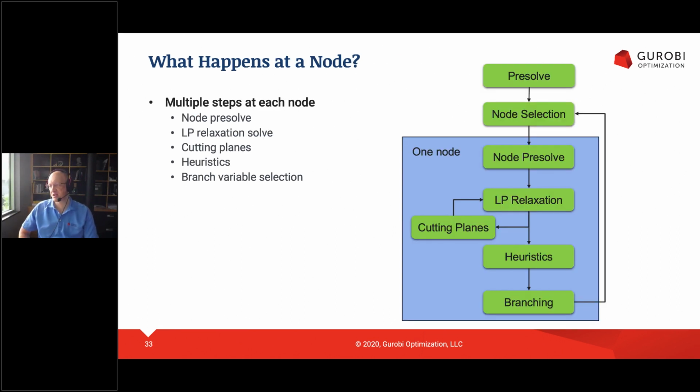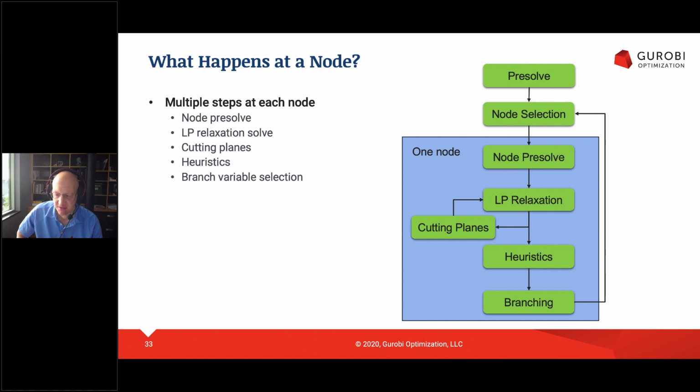So why is that node so expensive? Let me talk a bit about what happens at the nodes of a branch and bound tree. If you look at the flow of the MIP branch and bound, the first thing you do is pre-solve: you take the original problem and reduce it to a simpler form. Next is node selection. At the root, there's only one node, so node selection is easy, but in general you have to pick a node from your branch and bound tree.